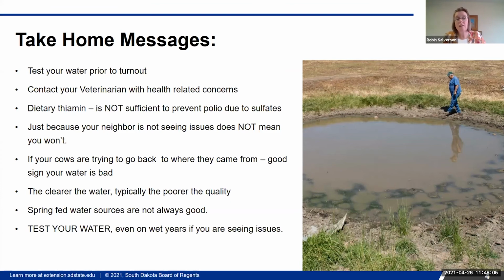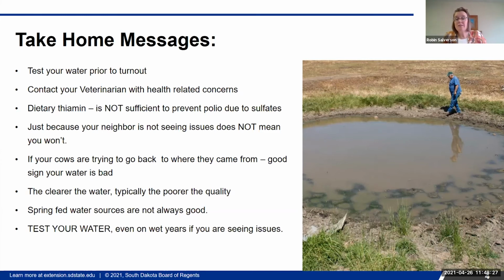And so what we were doing was feeding it a dietary level of thiamine, and unfortunately it was not sufficient to prevent polio. So, disappointing, but unfortunately dietary thiamine is not sufficient to prevent polio.